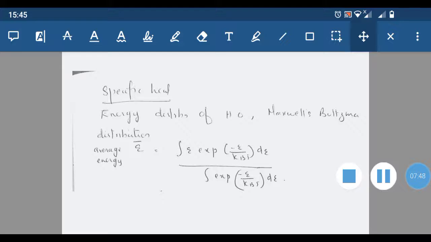Usually in the classical model we have treated the atoms as harmonic oscillators. In the harmonic oscillator, energy distribution follows the Maxwell-Boltzmann distribution, which we have studied in our statistical classes.